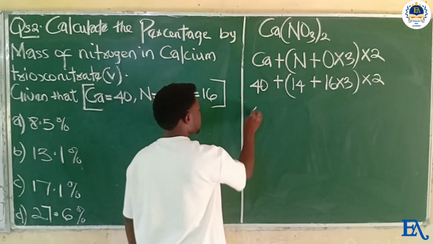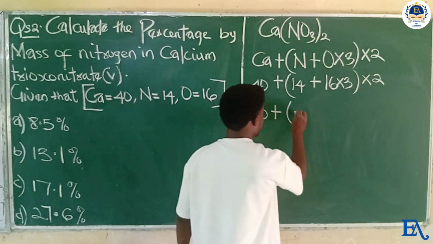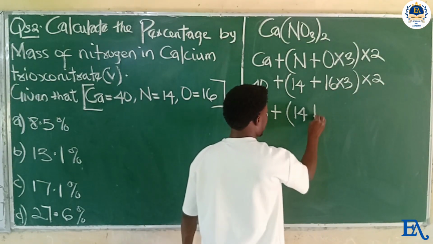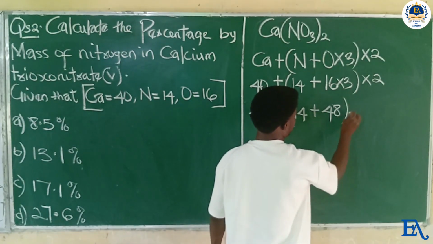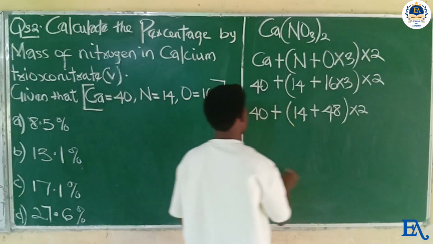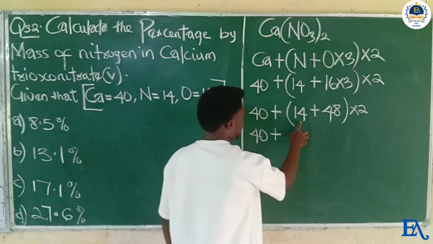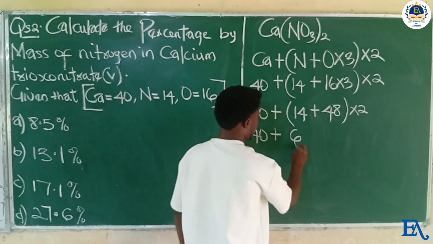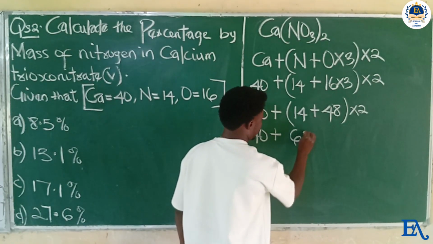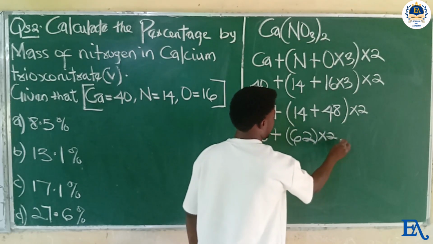Alright, so we have 40 plus, in bracket, 14 plus 16 times 3 is 48. So we have here 40 plus 14 plus 48 gives 62, times 2.